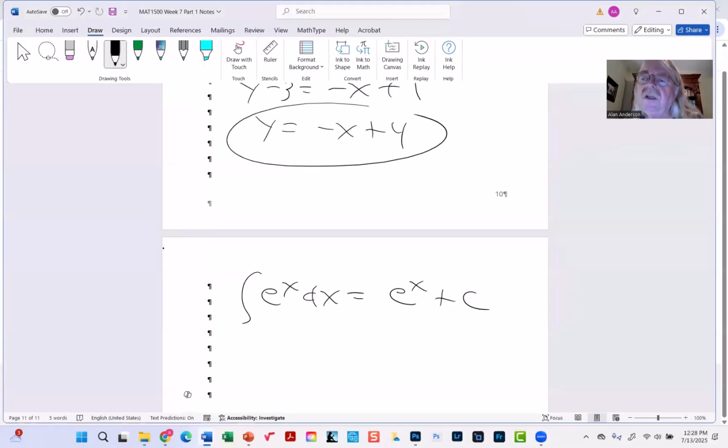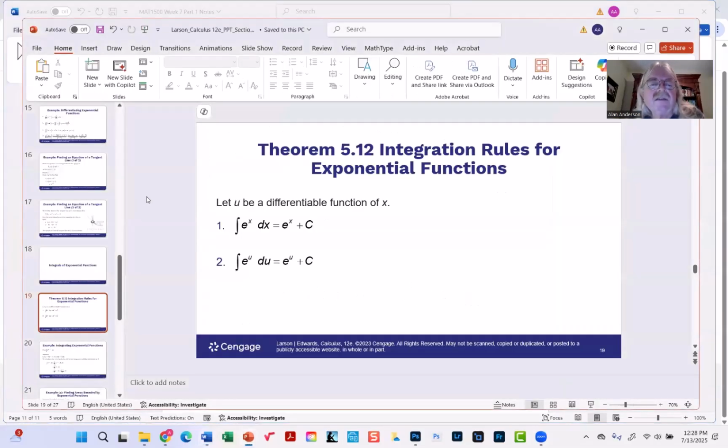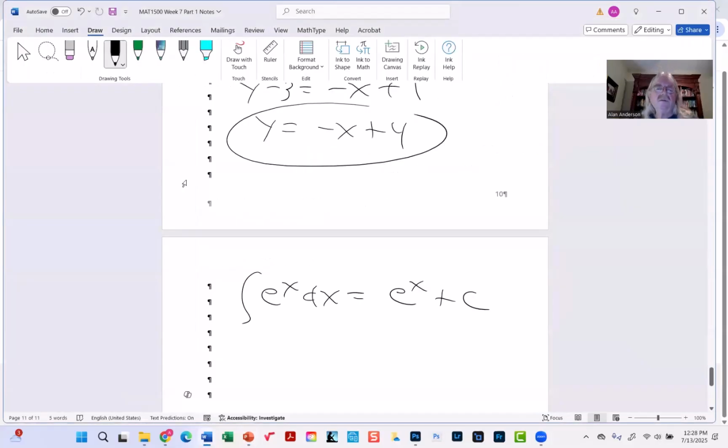The only thing that's different is the constant. If we have a function of x, the only difference here is that to have this du, we have to make sure we have du in the integral in order to make this work. We'll see later on with some examples how to do this.